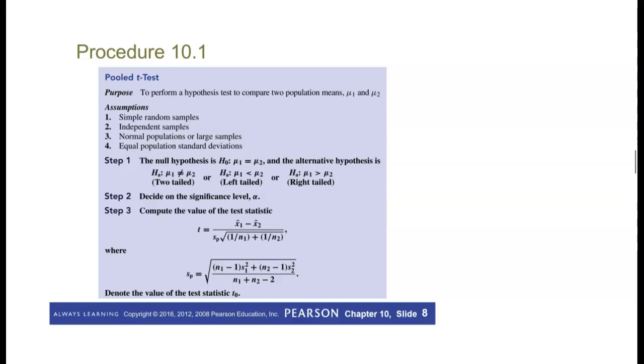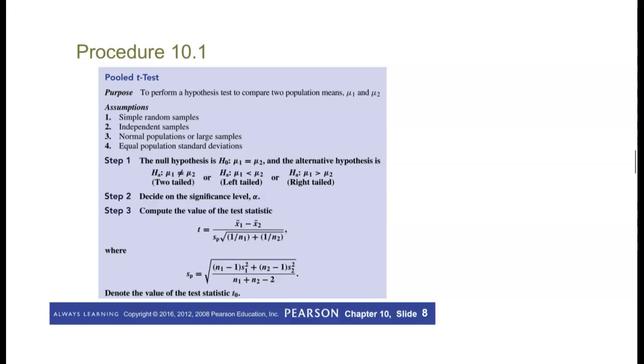We have the pooled sample standard deviation up here, formula for that. We've got the t-test statistic. If we can use pooled, again, we're assuming equal population standard deviations. That's how we find our degrees of freedom. And if we did have to do a confidence interval, we would use this as opposed to the test statistic, the hypothesis test problem. So there's everything for our pooled test that we're going to use right now.